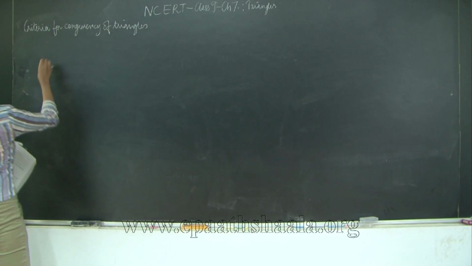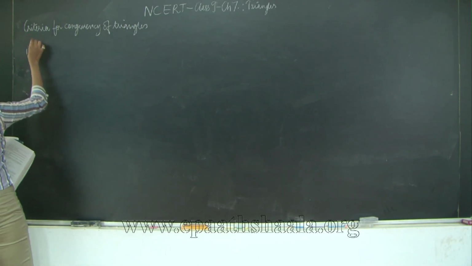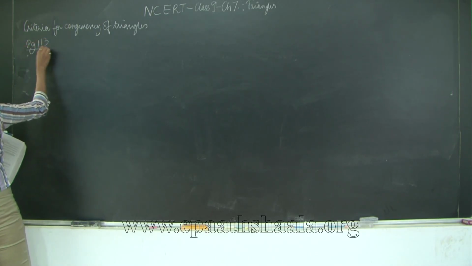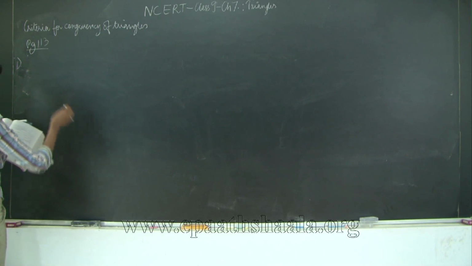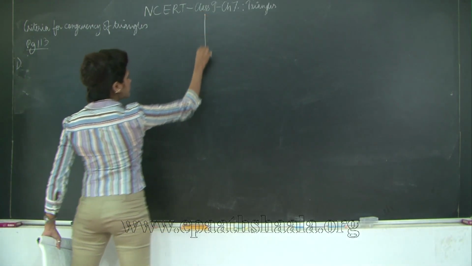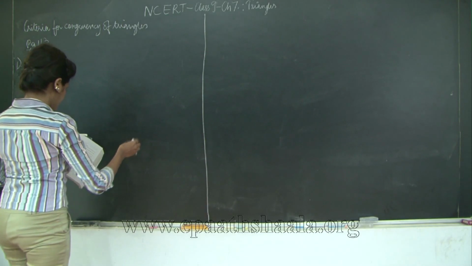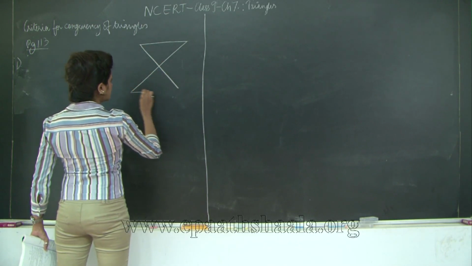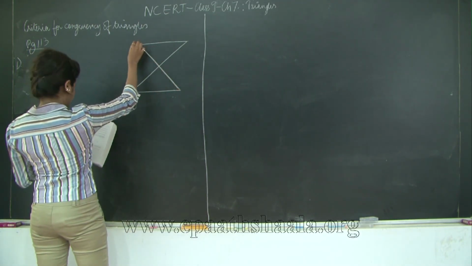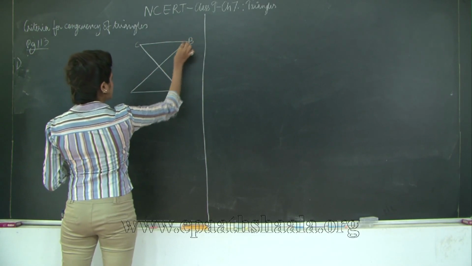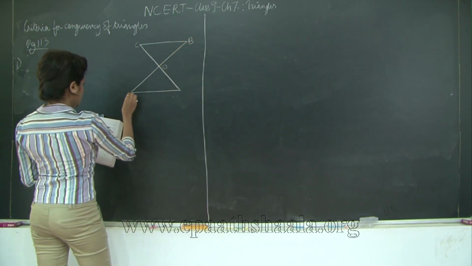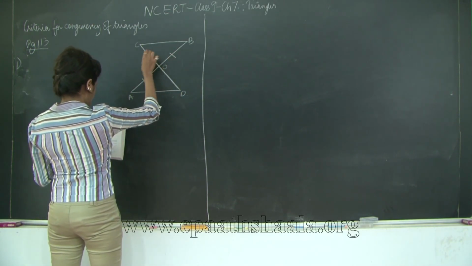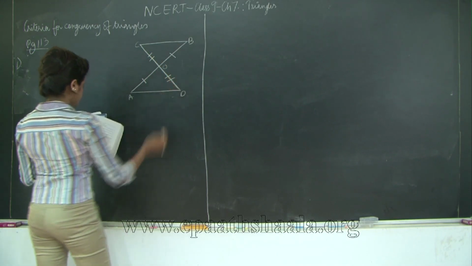So I am writing down my first question. This is on page 113, solved example 1. I have this figure marked as C, B, O, A and D. I have been given that AO is equal to BO and CO is equal to DO.